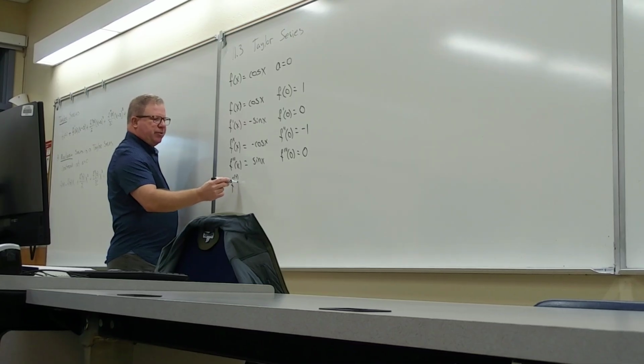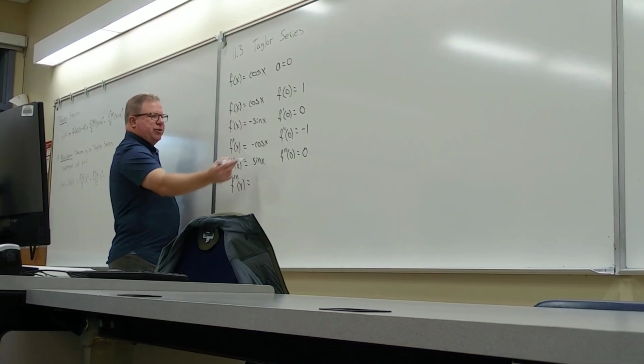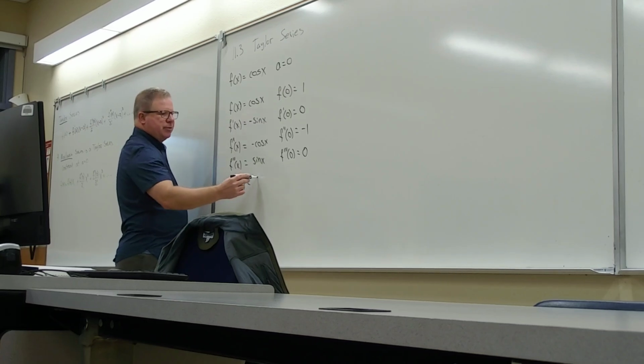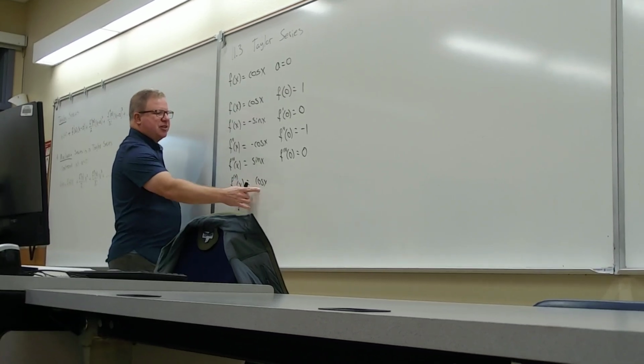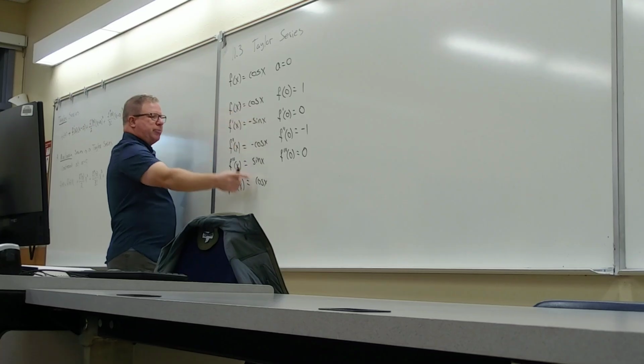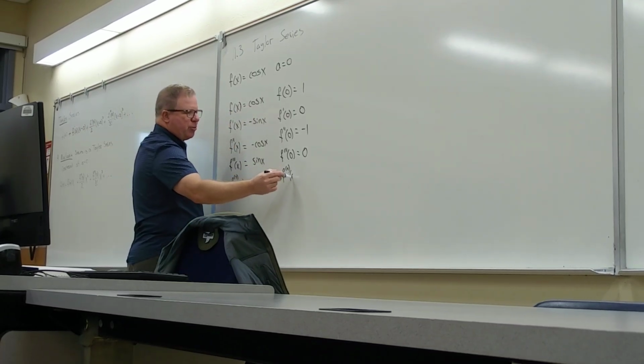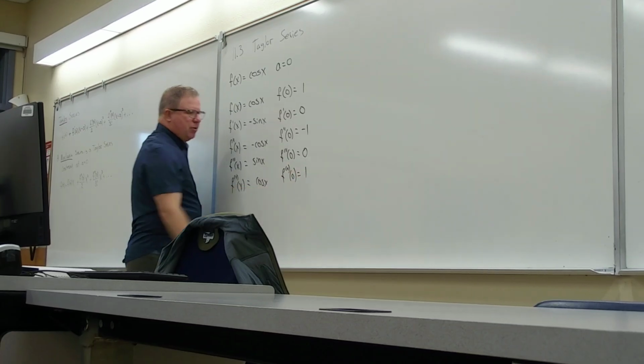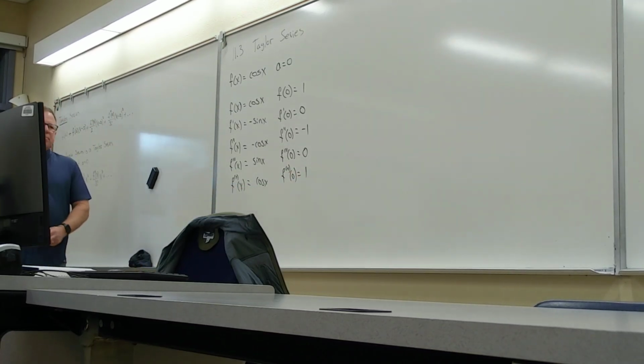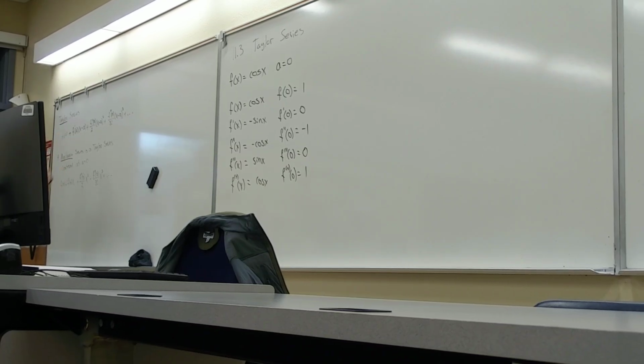Let's do the fourth derivative, the derivative of sine. And now you see we're repeating. We got our original one back here. And the fourth derivative evaluated at 0 is 1. Once it starts repeating, there's really no point going further, is there? Because you just repeat that cycle again and again.